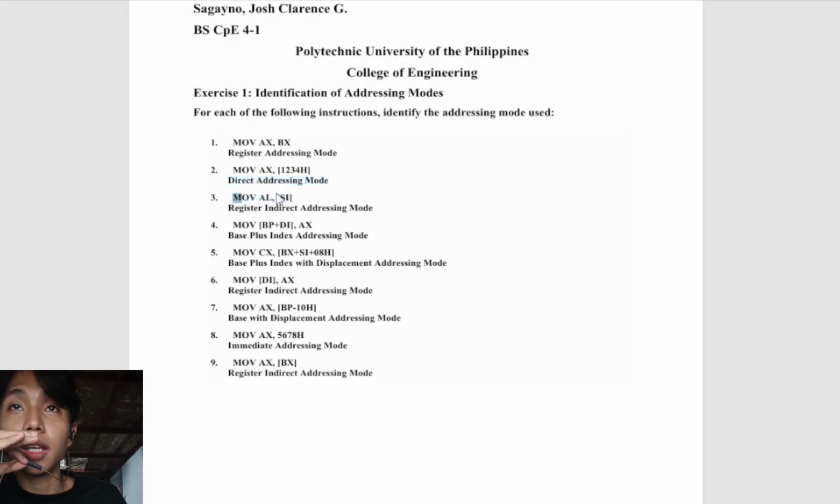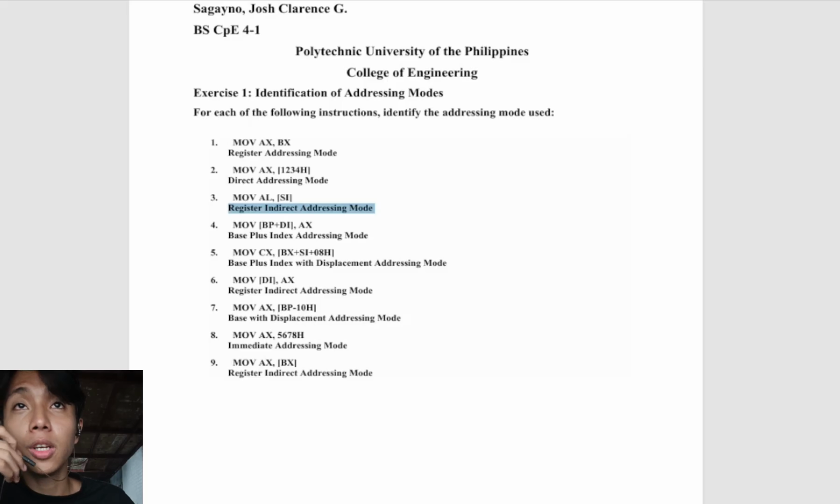the mov AL, [SI]. My answer to this is register indirect addressing mode. This is because the register SI doesn't hold data, but rather it holds an address.